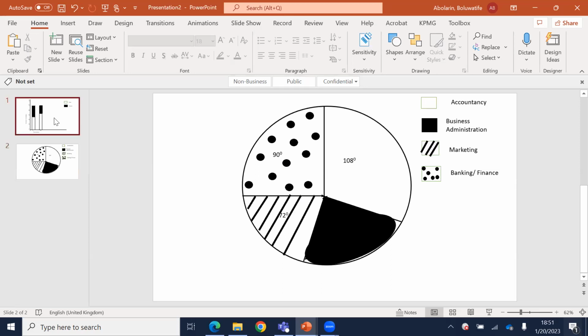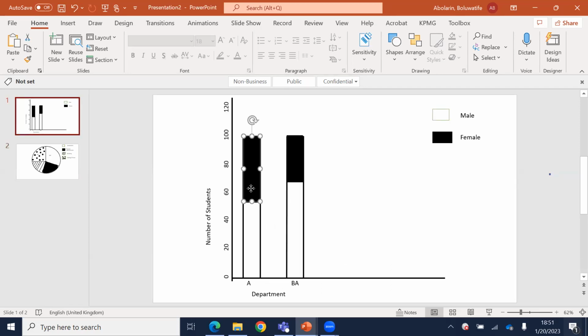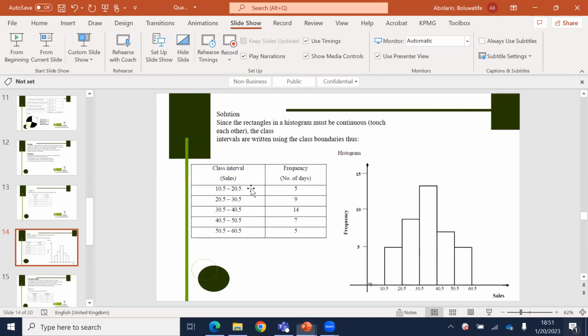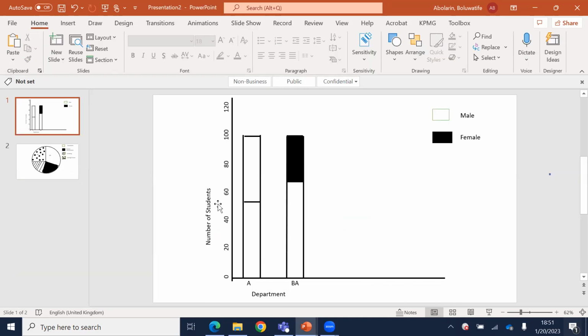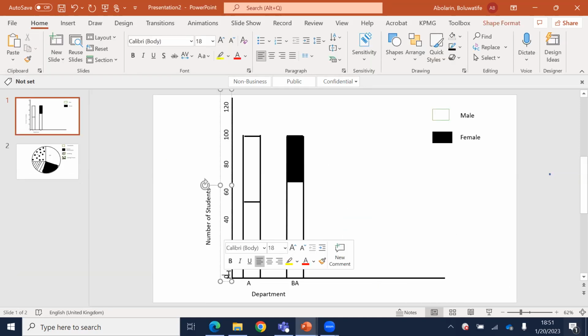So let's go back. We are using 0, 5, 10, 15.